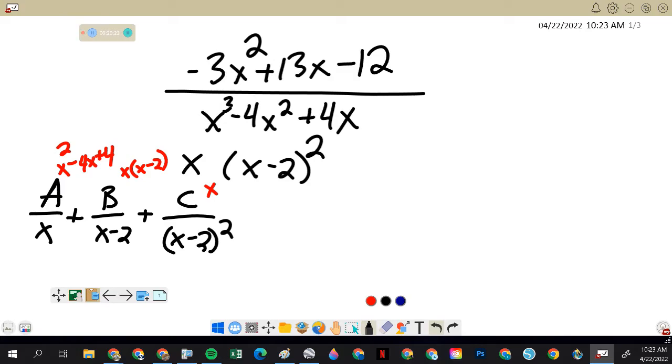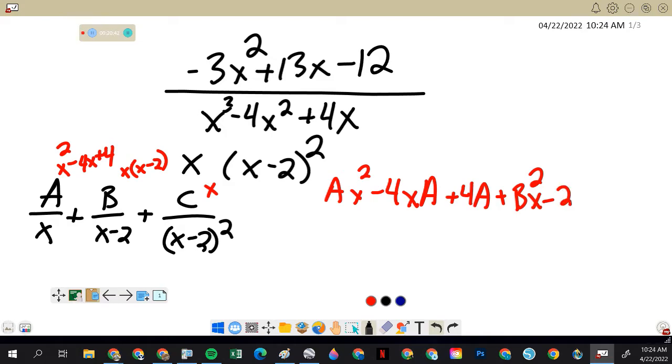So we get ax squared minus 4xa plus 4a, plus bx squared minus 2bx plus cx is equal to negative 3x squared plus 13x minus 12.